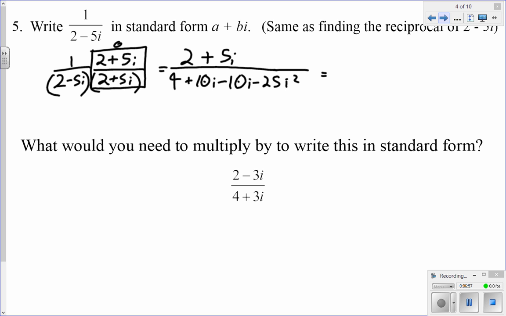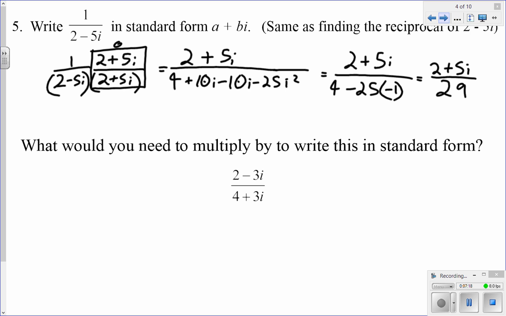I get 2 plus 5i in the top over 4 minus 25i squared, which is negative 1. So I get 4 plus 25 is 29 over 2 plus 5i. So I have divided that.